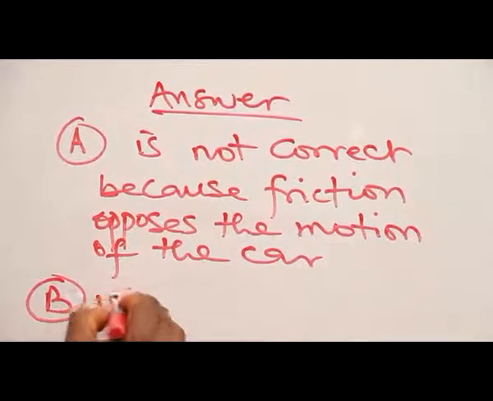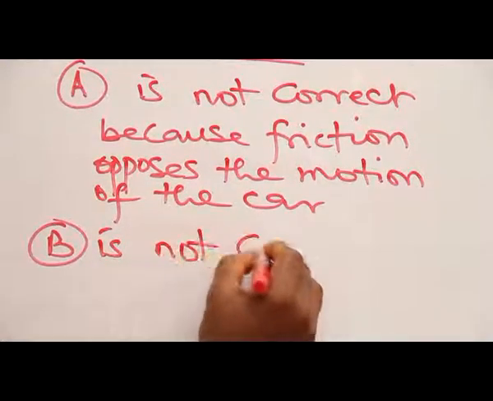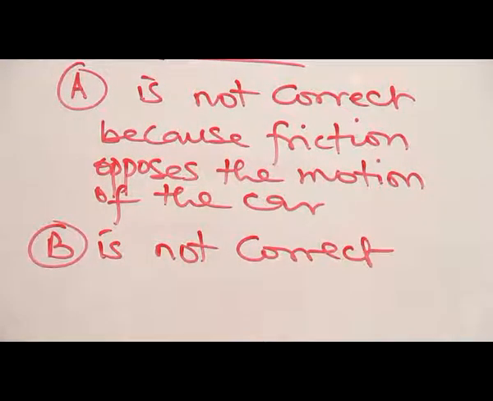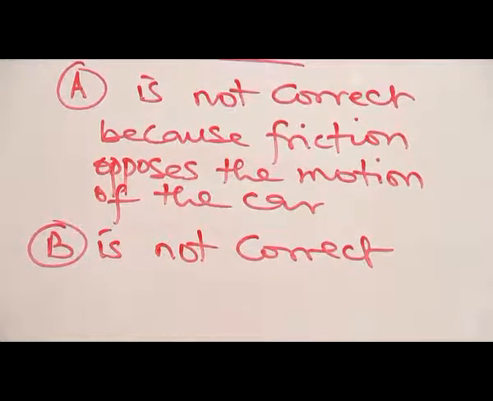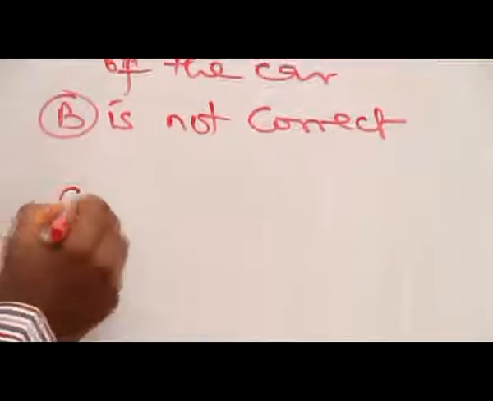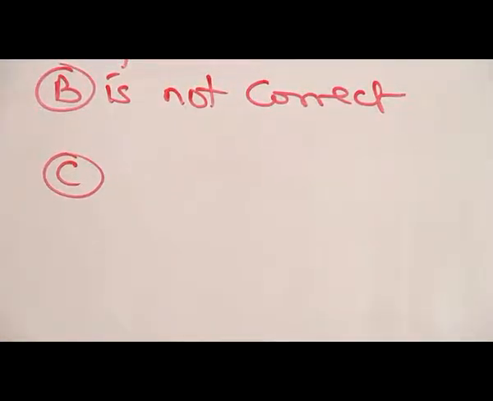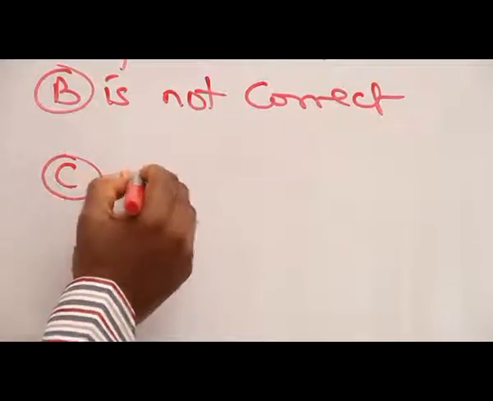Option B is also not correct because if friction is in opposite direction of motion of the car, then it's an advantage. C, an advantage because it is in the direction of motion of the car, is not correct.